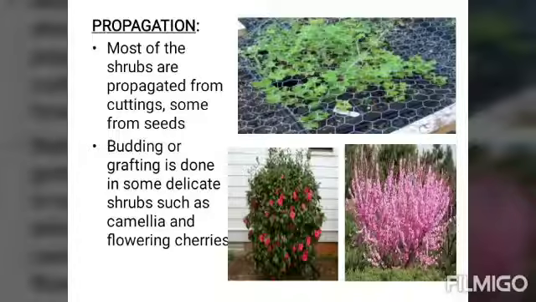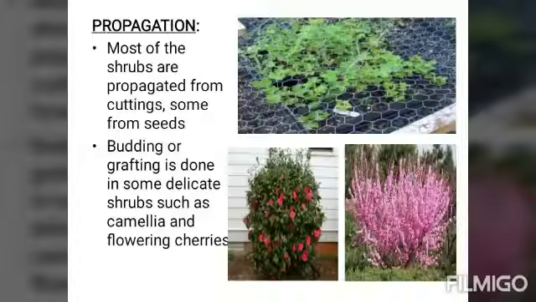The first picture shows propagation from seed. You plant in a nursery tray, and after that you grow it. After it grows to a proper height, you can plant it in your garden.